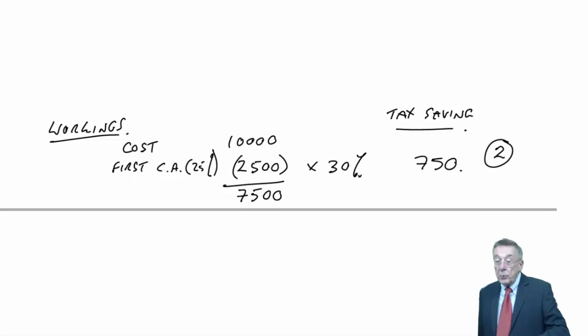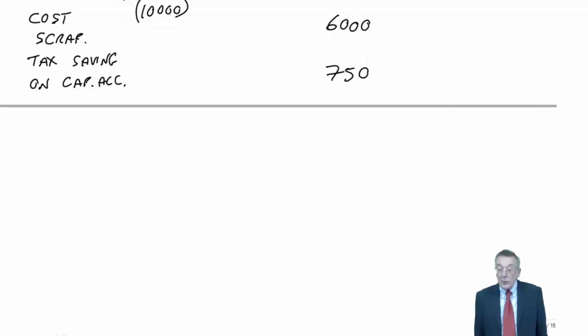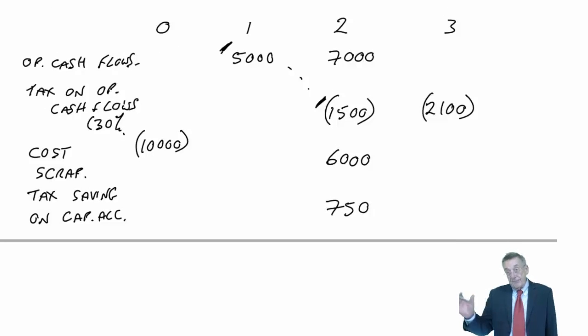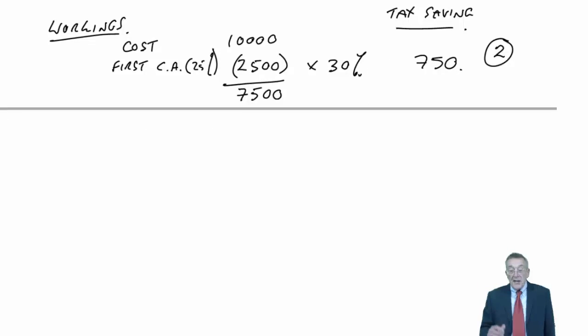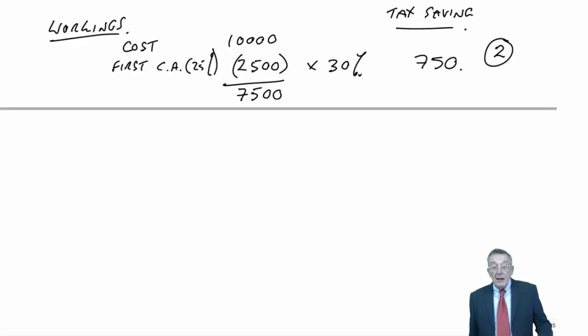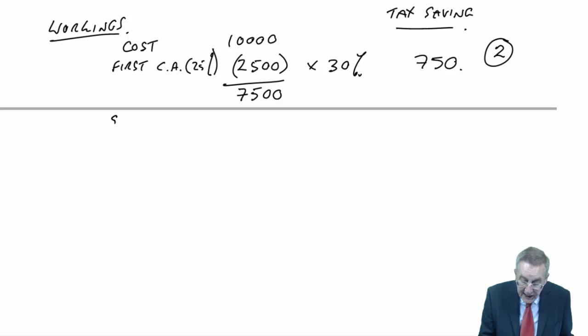Now again, I kept this one very, very short. Next example will make it a bit longer. But this machine we only have for 2 years. And so we'll have a computation for each of 2 years. The first year, I hope I've already made sense of. But here, the second year is the last.